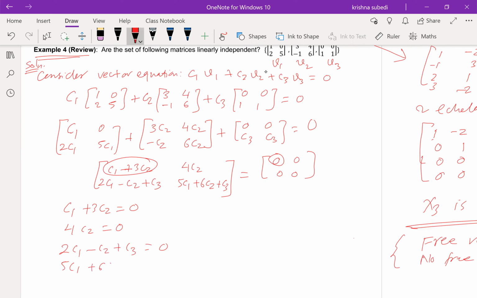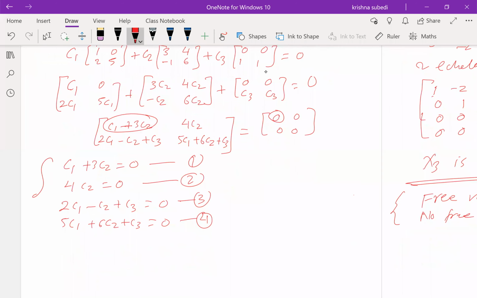And 5C1 plus 6C2 plus C3 equal to 0. Now we have these four equations. The goal is to solve this system.